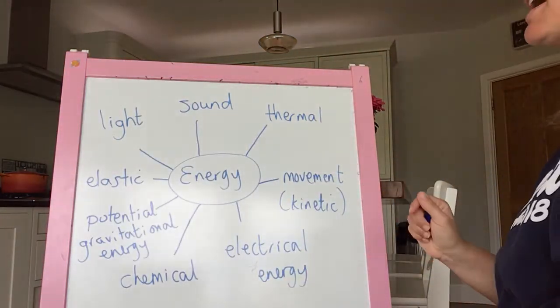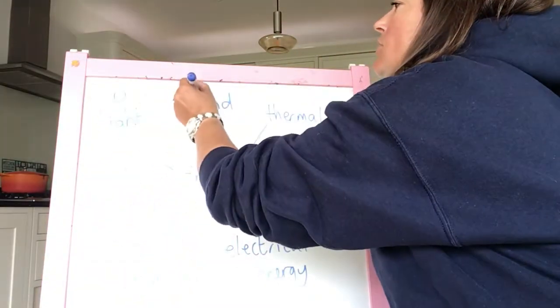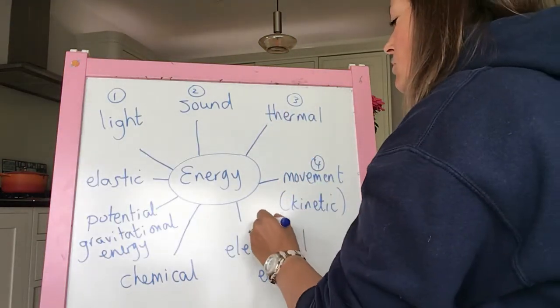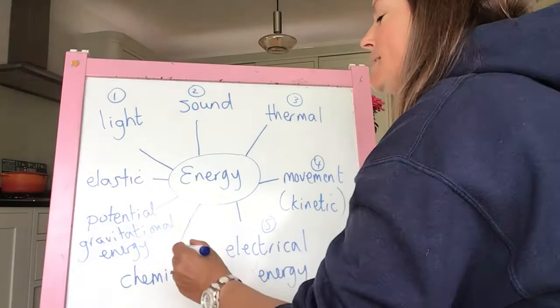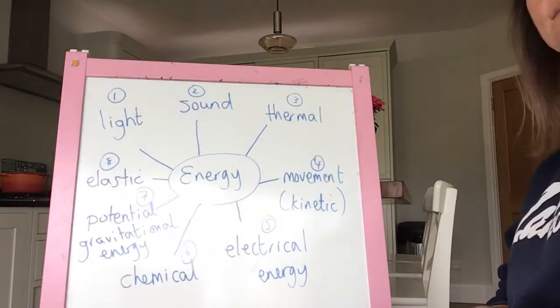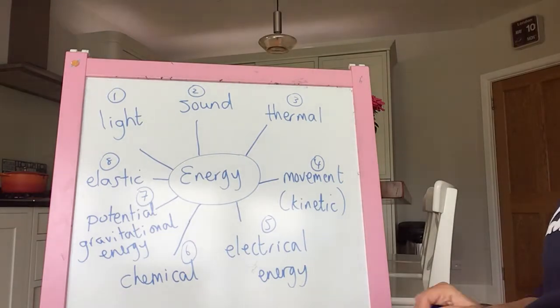Okay, so let's just count them up. We've got 1, 2, 3, 4, 5, 6, 7, 8. 8 different kinds of energy that you need to learn.